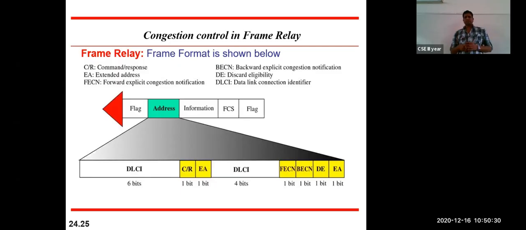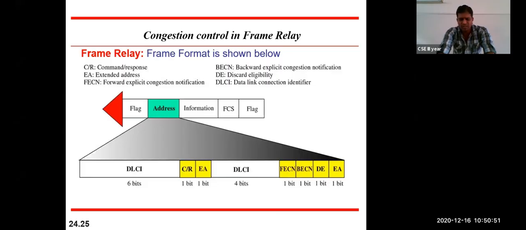Now here also, look at it. The frame format starts with a flag and ends with a flag as usual. What is a flag? 0110, which is used to identify the beginning and ending of the frame, or to identify the next frame's start. Then FCS, frame check sequence. For every frame there is FCS.